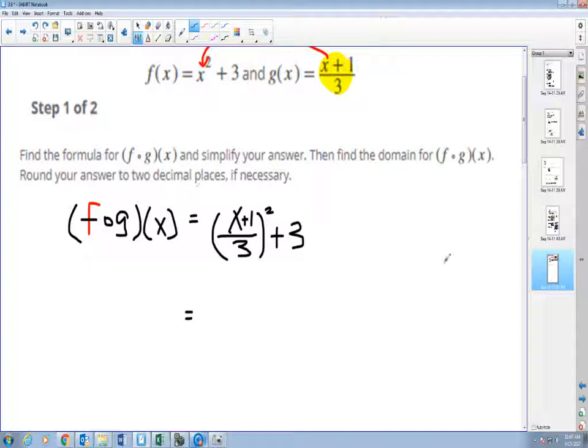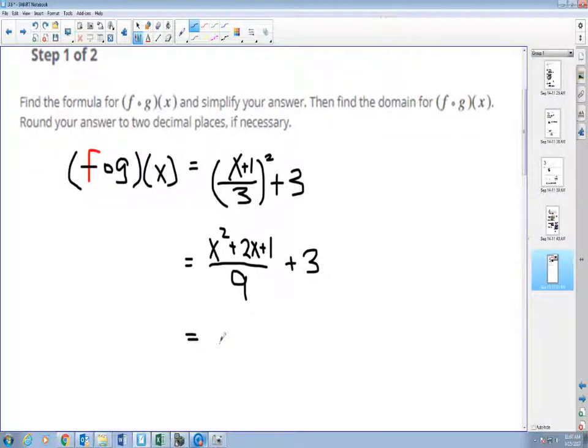Alright, I gotta square both top and bottom. Square the bottom is easy. 3 squared is 9. Square the top, that would just be x squared plus 2x plus 1, a perfect square binomial. Then plus 3.